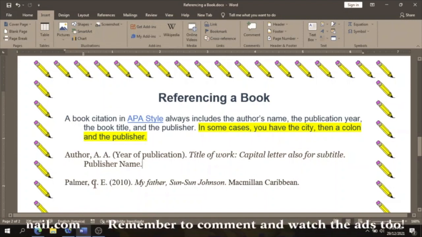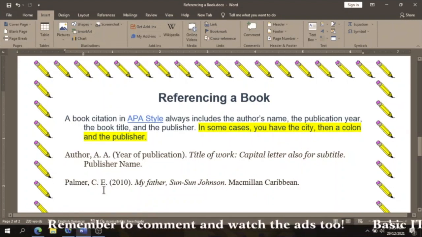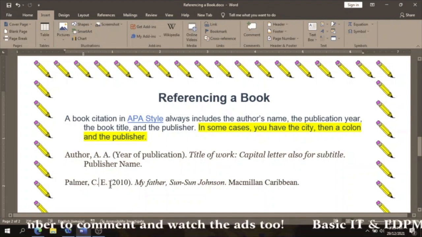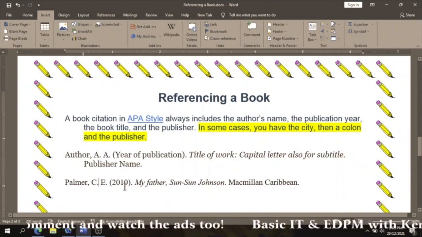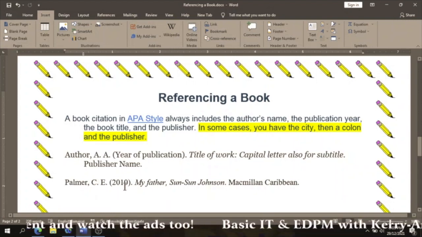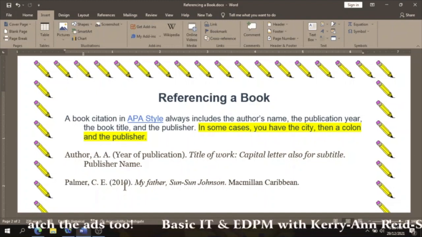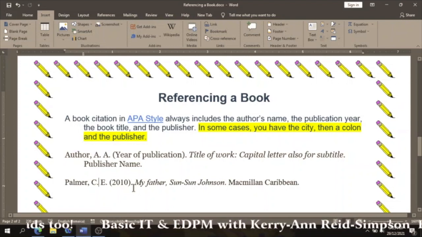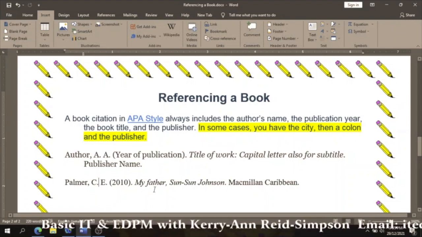So you'll notice I have C followed by a full stop and a space, and then E followed by a full stop and space. Then in brackets you will see 2010, which is the year it was published. His book was published in 2010, followed by a full stop and a space, and in italics the book title is there.